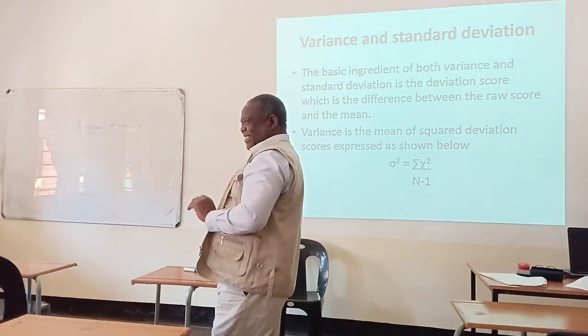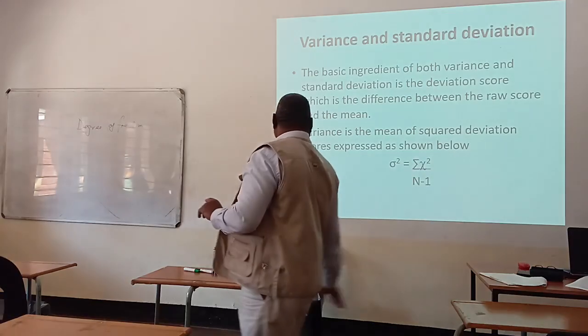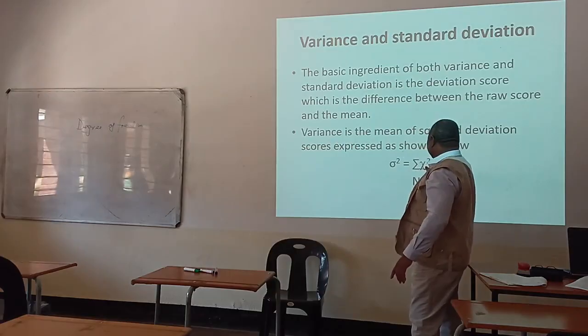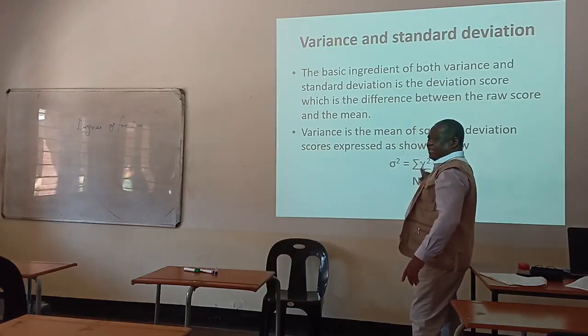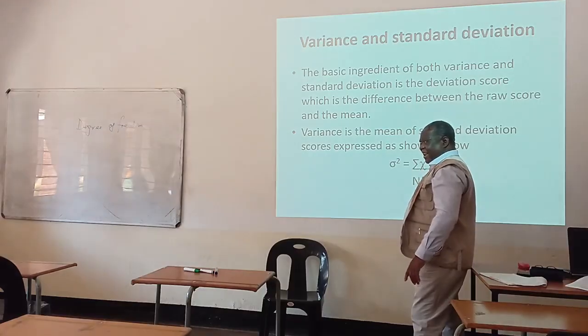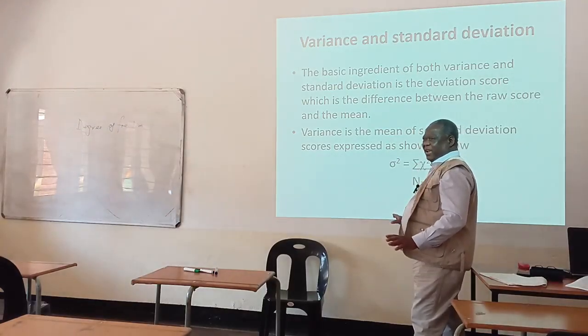Okay? Is that making sense? Now, in this formula, we have that constraint as we are using the deviation scores and summing them. The last number is a constrained number.